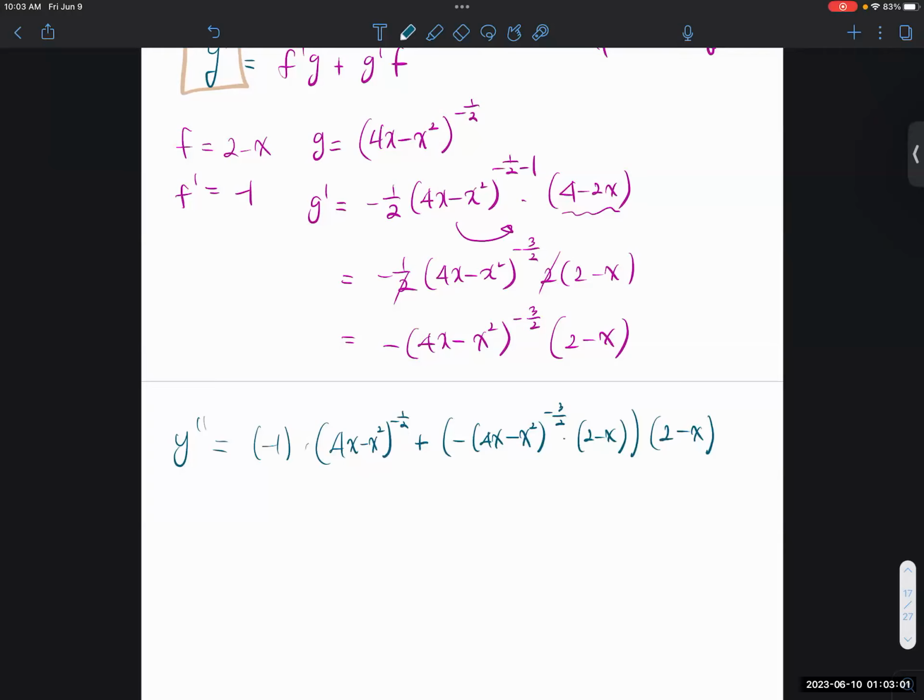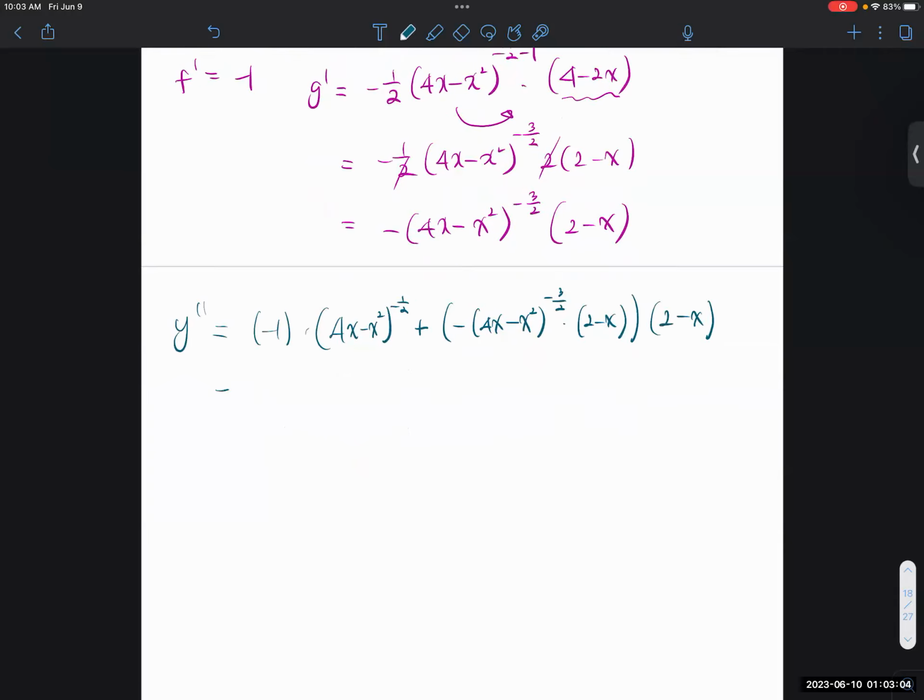Awesome. Now let's simplify. The first term is negative (4x minus x squared) to the negative 1/2. Then the second term is negative, with 2 minus x to the second power: negative (4x minus x squared) to the negative 3/2 times (2 minus x) squared. Are we okay? So this is y double prime.